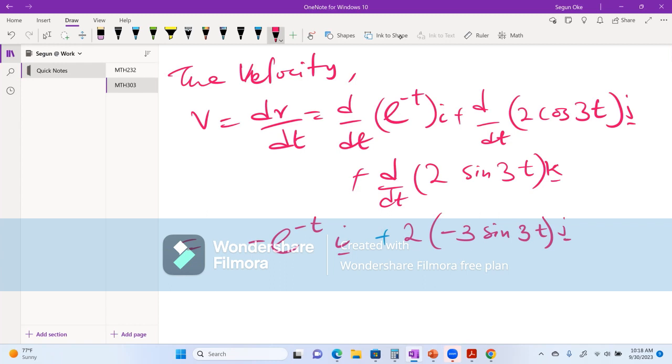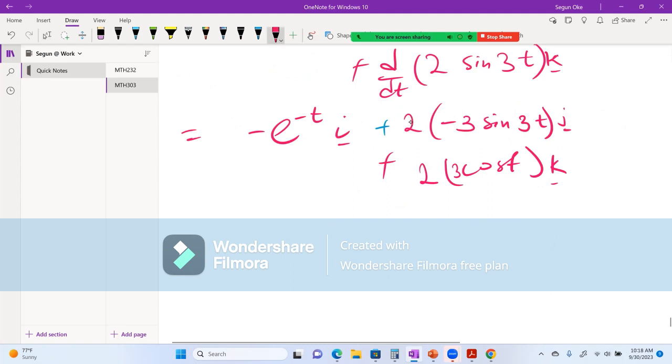So, and the last one will be plus or minus 6. You put the 2 outside: 3 cos t. Okay.